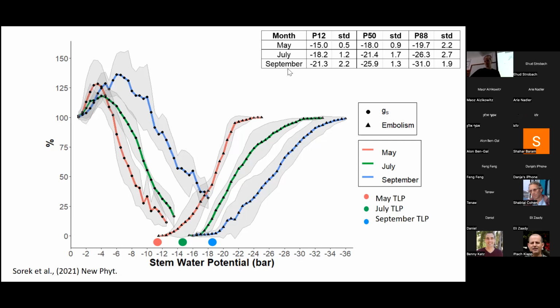So I have a question about the turgor loss point. Because you're talking mostly about the change in osmolytes over the season and that this is affecting the turgor loss point. Yes. And I was wondering about the modulus of elasticity. It's also known that the rigidity of the leaves changes over the season.